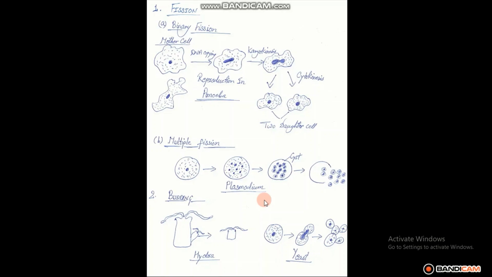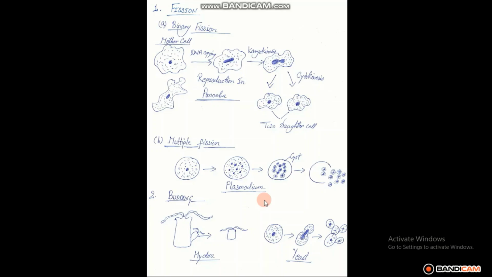You see all this cytoplasm in the cell, but after some time the cytoplasm surrounds all the nuclei, and the previous cell membrane becomes a cyst, and after some time this cyst will break and all the cells will come out. This is known as multiple fission.